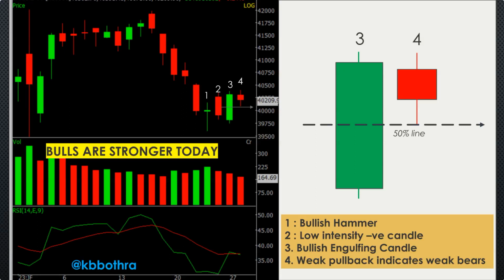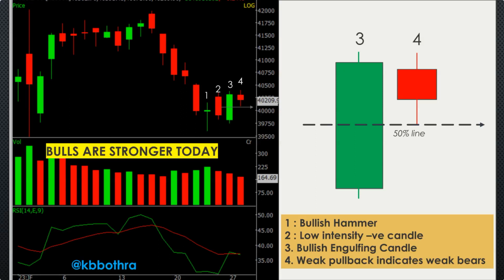Because in the previous 5 days the prices were going into a very sharp correction, and generally when prices go into a sharp corrective phase, the last phase of correction is very intense. But surprisingly, in candle number 2 the incremental correction is not there for the bank index, which means the strength of the bears was getting a bit weaker.